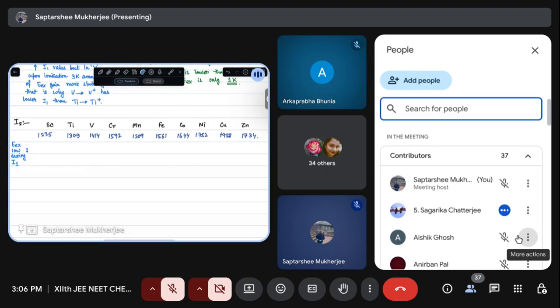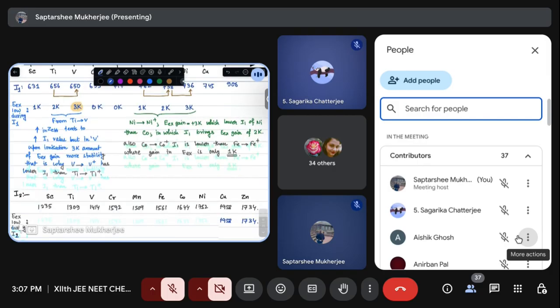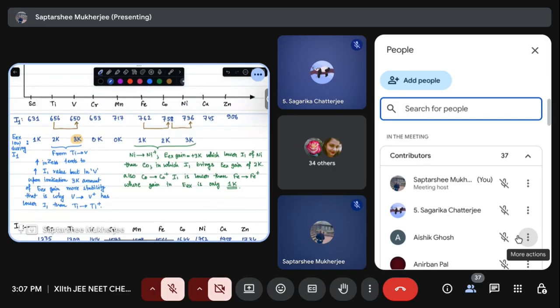Dropping is the anomaly. Correct, no? Now how do I explain that? Exchange energy gain or loss? Correct or not? Everybody? During second ionization energy, sorry.